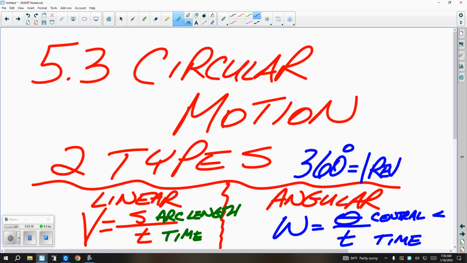And one revolution is 2 pi radians. You can pause or rewind this video. This is the important part: 360 degrees is one revolution, and that's 2 pi radians.